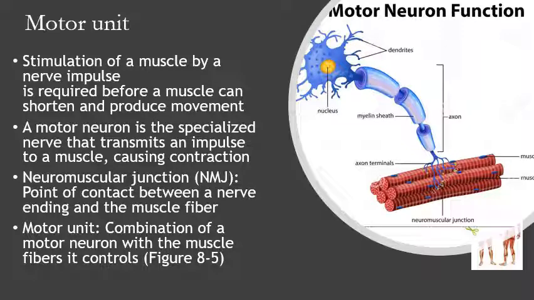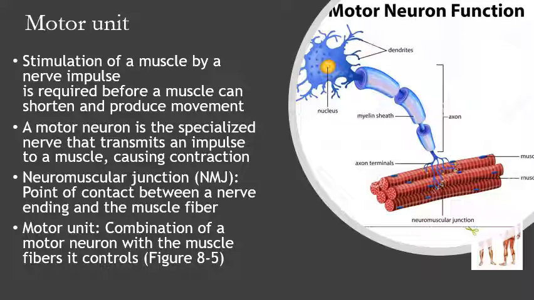And that nerve impulse is caused by neurotransmitters that signal the motor neuron to respond to the impulse. Then the motor neuron is a specialized nerve that transmits an impulse to a muscle causing contraction.